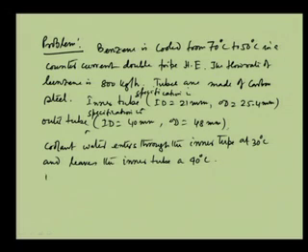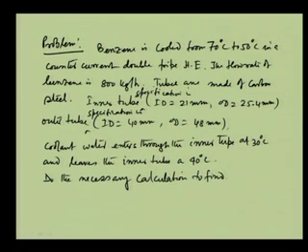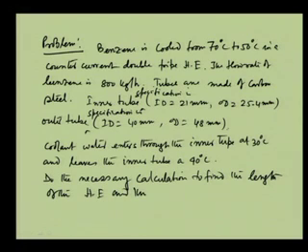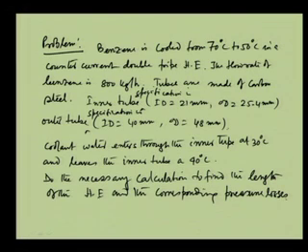So, do the necessary calculations to find the length of the heat exchanger and the corresponding pressure losses. Okay. So, what happens is that this problem says that we have a double pipe heat exchanger.